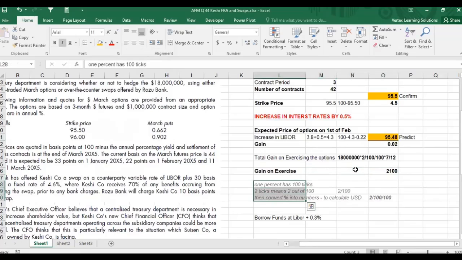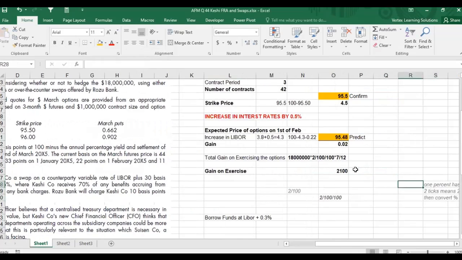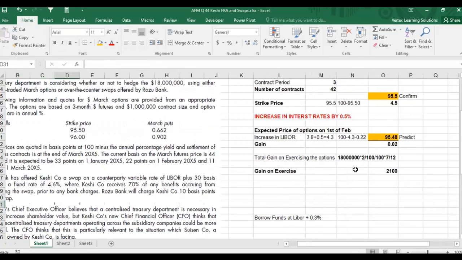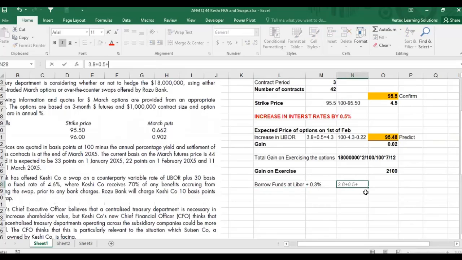And then what I'm going to do, I will borrow the funds. And at what price are you going to borrow? You are going to borrow funds at 3.8 plus 0.5 plus 0.3.